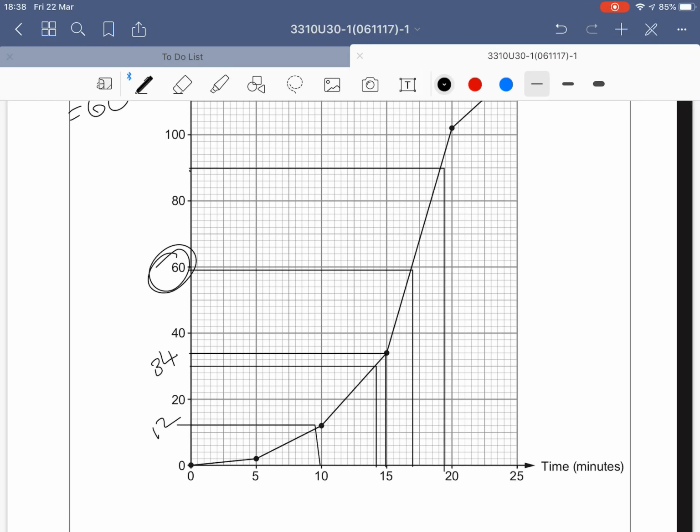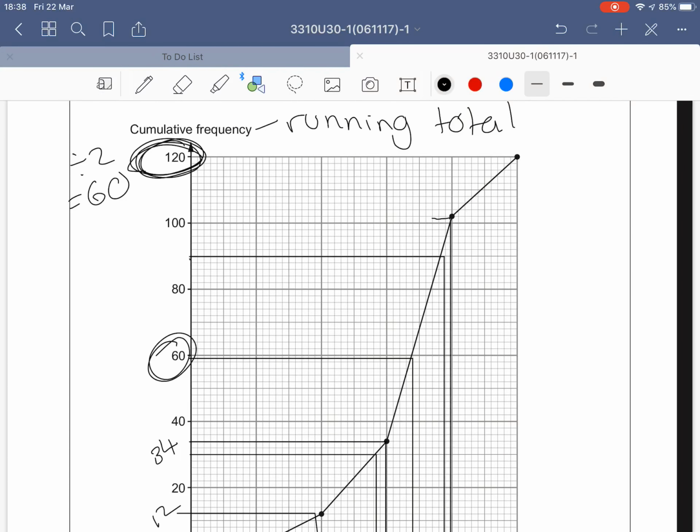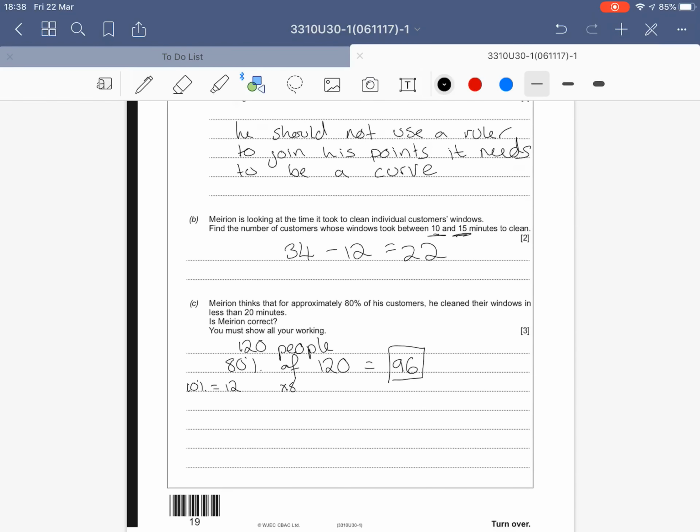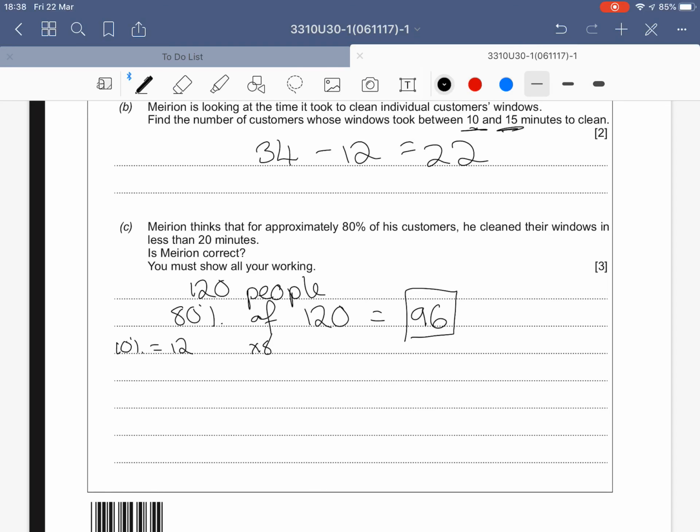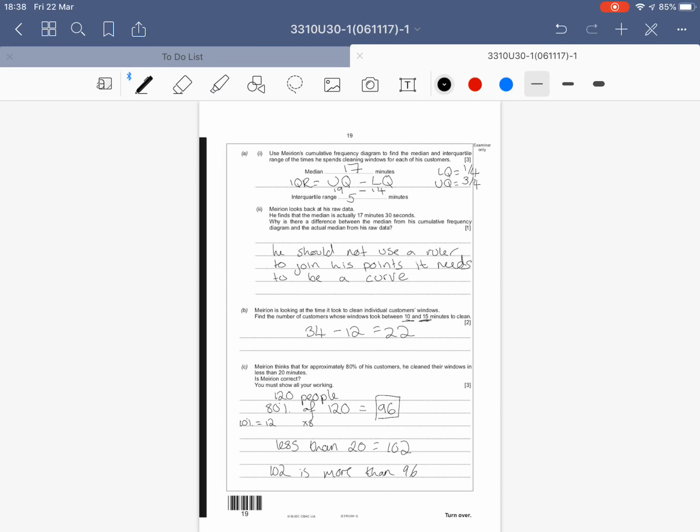Go from 20 and go up. It's the first one from 100, and it goes up in 2s, so it's going to be 102, which is not 96. So less than 20 is 102. 102 is more than 96, so it's actually not 80%. I've got 102 instead of 96, so that's what you need for that.